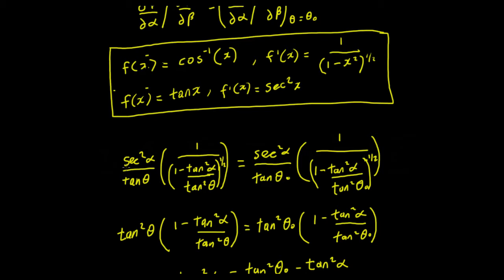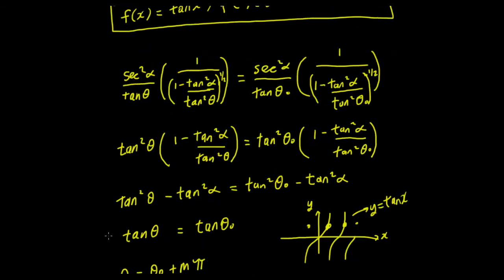Now we can cancel out the sec squareds, find the reciprocal of both sides, and square both sides, which will get rid of the power of a half. So we end up with tan squared theta times (1 minus tan squared alpha upon tan squared theta) equals tan squared theta naught times (1 minus tan squared alpha upon tan squared theta naught).